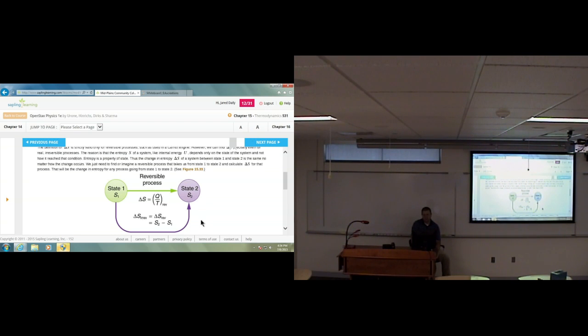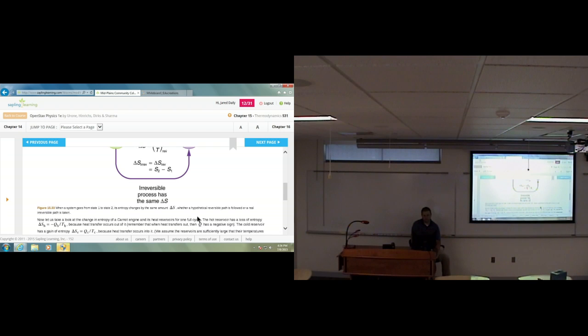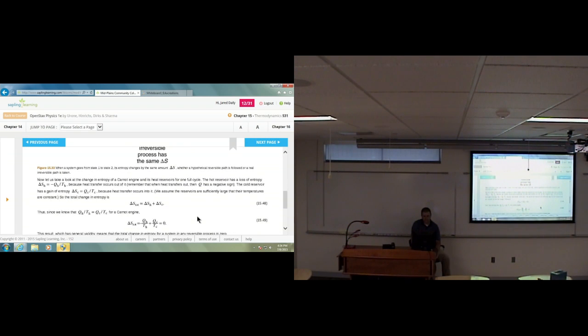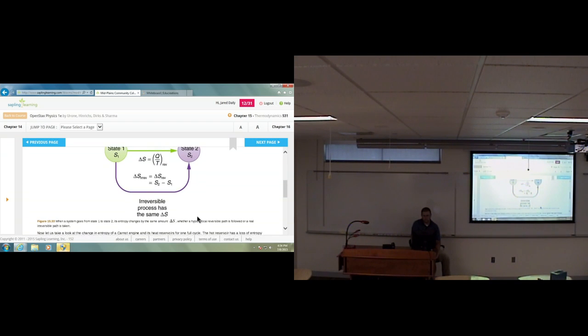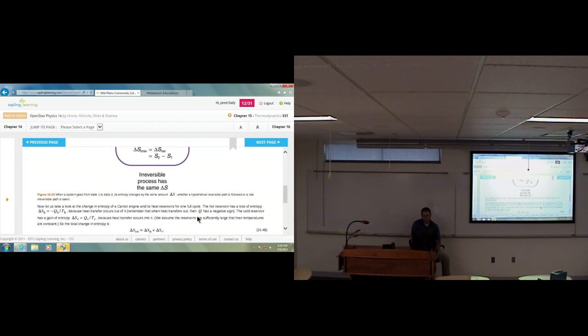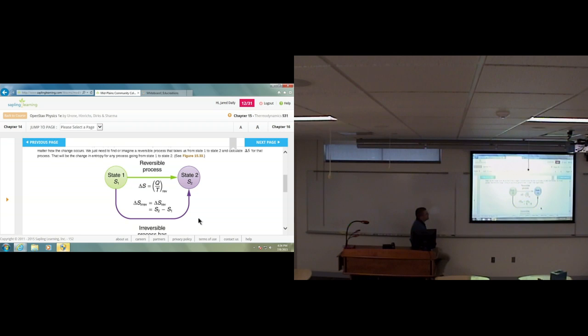But it turns out that even for a reversible process, you actually have a measurable change in entropy.